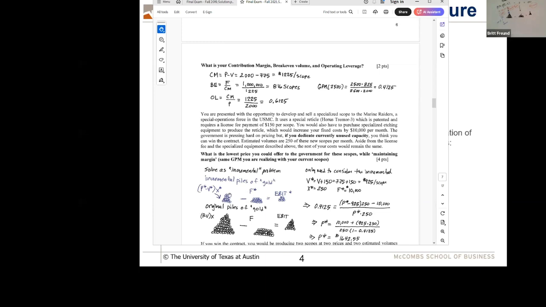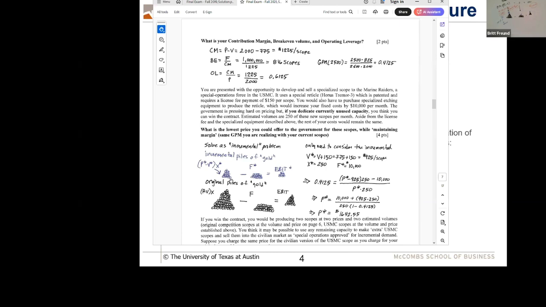So therefore, notice how down here I've used the same analogy as I did on this picture right here. We have our original black piles of gold that gave me all of my original stuff. But I'm just looking at the new Marine Corps pile of gold. And I'm saying, what is the new price I'm going to get from the Marine Corps minus what is the new variable cost I'm going to get from the Marine Corps? So that's the contribution margin when I sell to the Marine Corps.